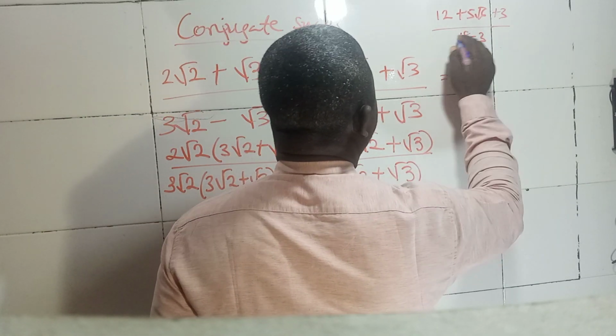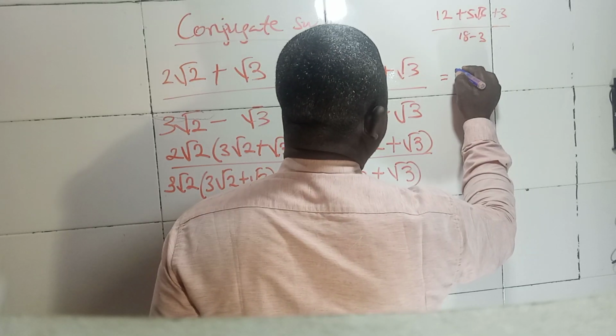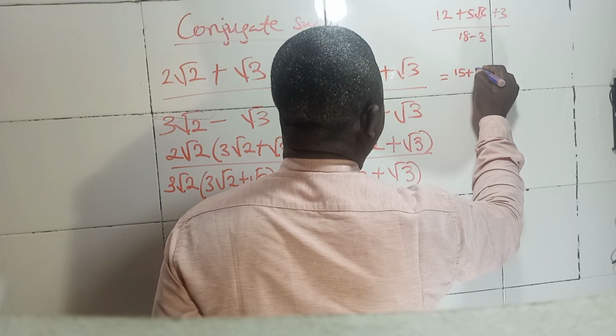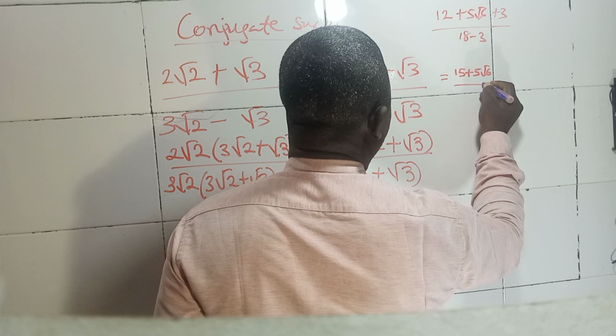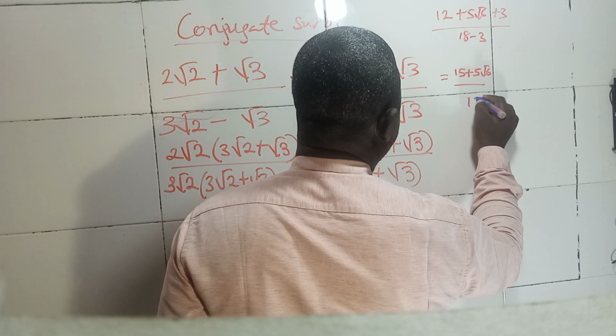So this will give us 12 plus 3, that is 15, plus 5√6, all over 18 minus 3, that is 15.